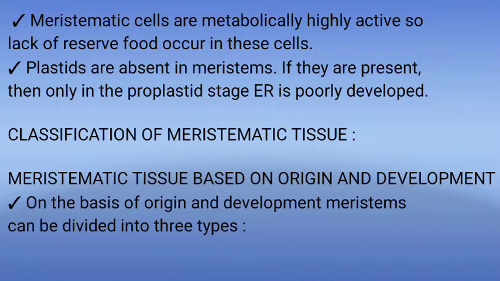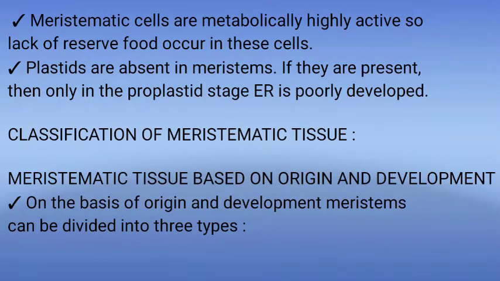Classification of meristematic tissues. First aspect: meristematic tissue based on origin and development. On the basis of origin and development, meristems can be divided into three different types. Number 1, promeristem. Number 2, primary meristem.